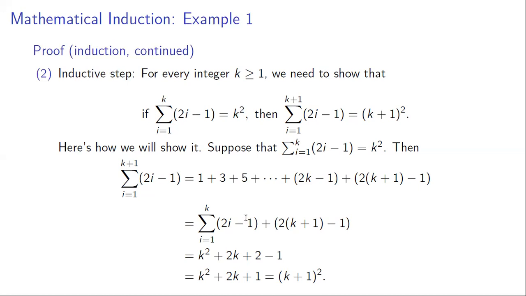Again, if we suppose that the sum from i equals 1 through k of 2i minus 1 is equal to k squared, then we are forced to conclude that the sum from i equals 1 through k plus 1 of 2i minus 1 is equal to k plus 1 squared. So we have proven this if-then statement: if the formula works for k, then it has to work for k plus 1.